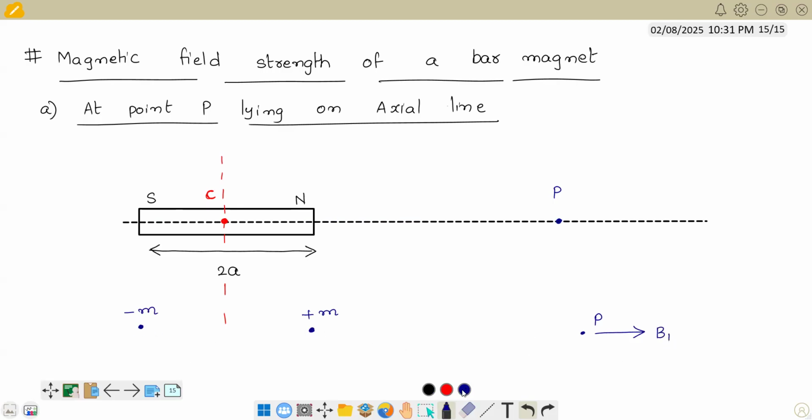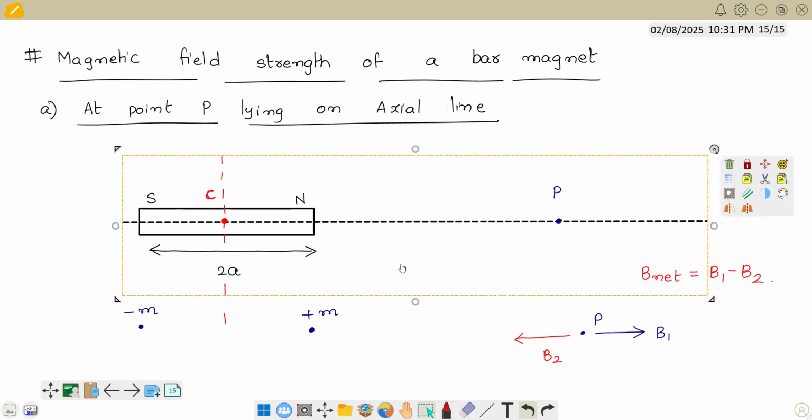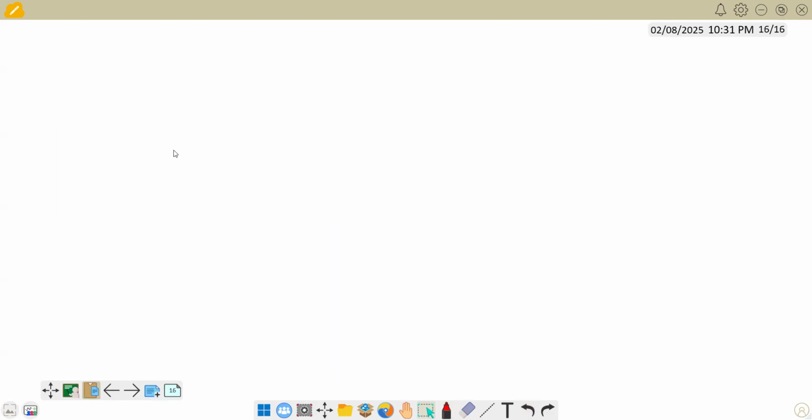This minus M will try to attract, so it would attract with a field B2. What would be the B net at this location? The B net would be B1 minus B2, because positive would repel, negative would attract. Based on this logic, let me take this to the next page.